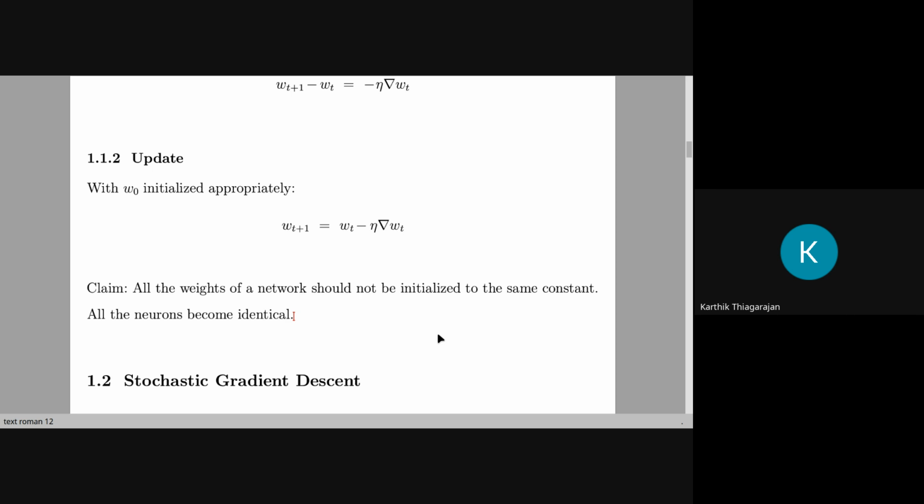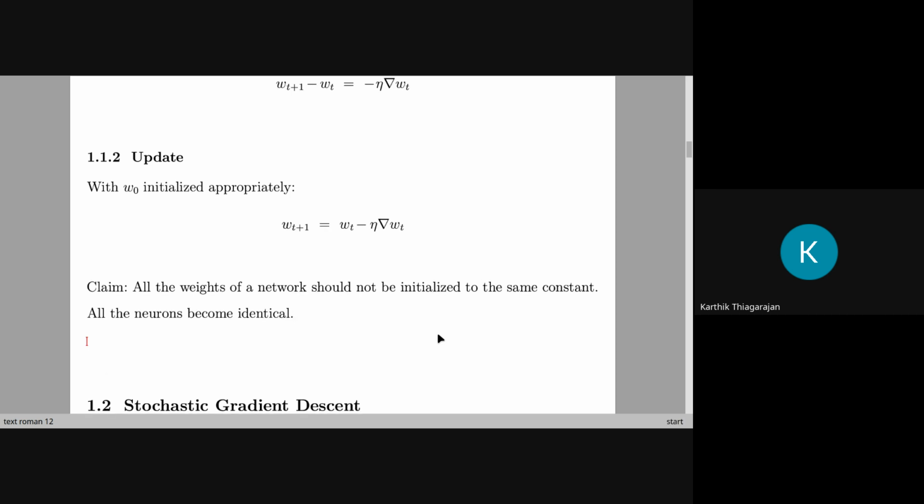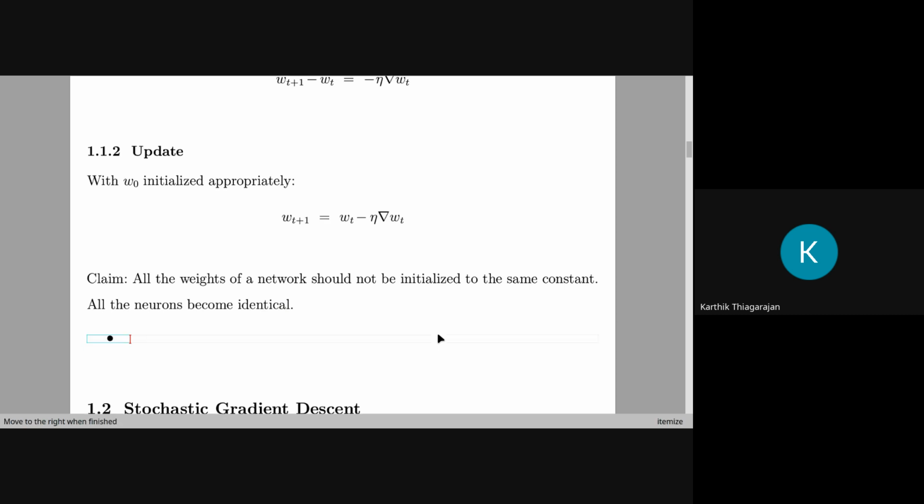Do you agree that every neuron, let's say in the first hidden layer, takes input from all input neurons? And what will it compute? It will be W1 x1 plus up to Wn xn, correct? This is what the first hidden layer neuron will do.